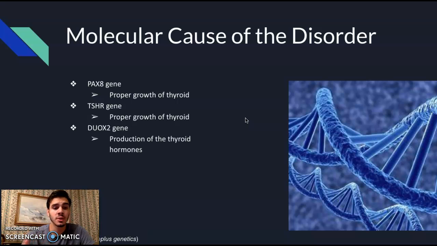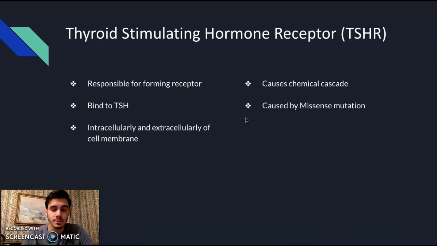Now, if there is a mutation in any of these genes, it would cause an improper function of the gene. An example of this is one of the proteins that it will create, which is the thyroid stimulating hormone receptor. So this protein will create these receptors that lie on the cell membrane of the cells of the thyroid gland.